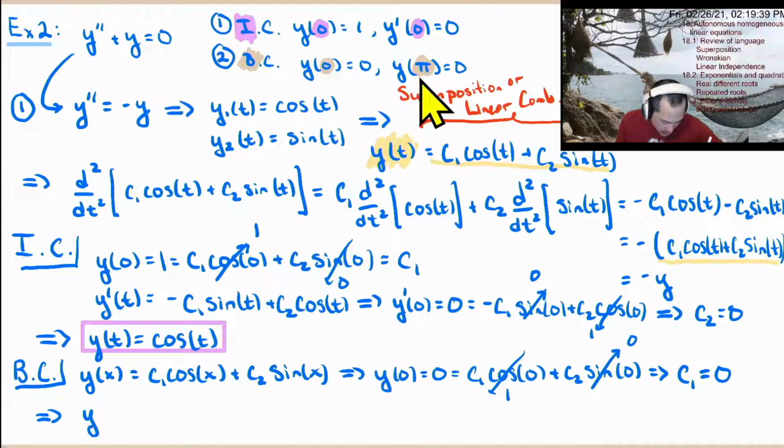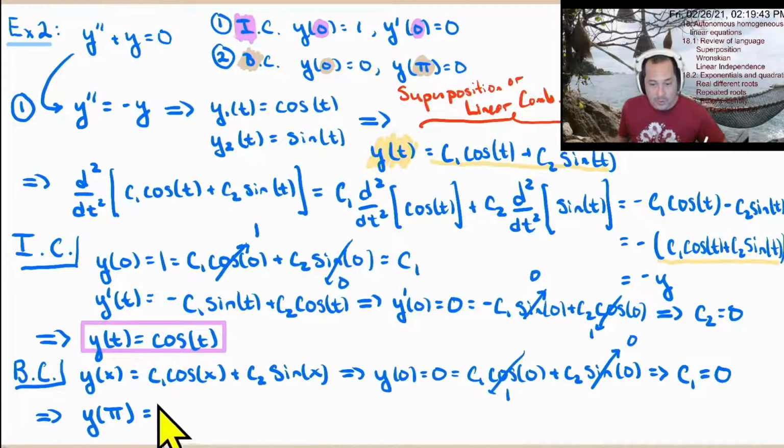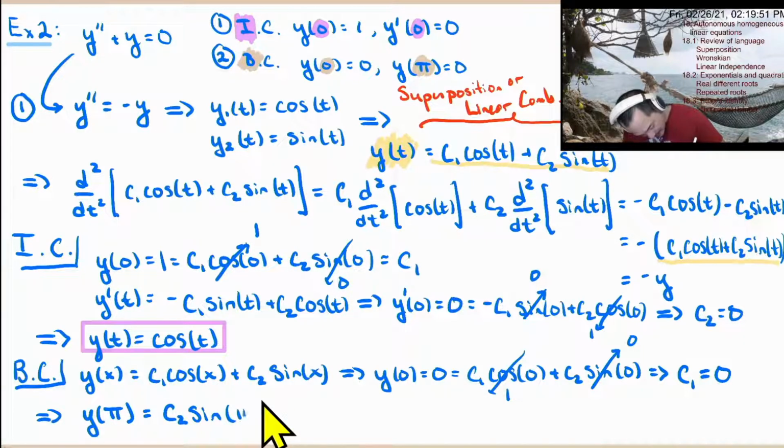And so if I found out that C1 is 0, I have this other boundary condition to apply. So now I have y of pi. Well, I've already found out that C1 is 0, so I don't need this term. And now I have C2 times the sine of pi. What's the sine of pi? Yeah, so I'm going to have a C2 times a 0, right?